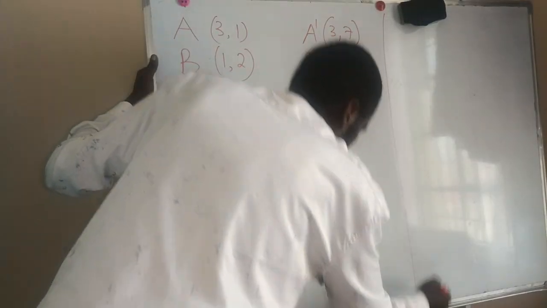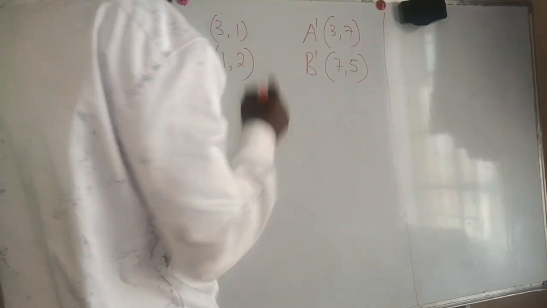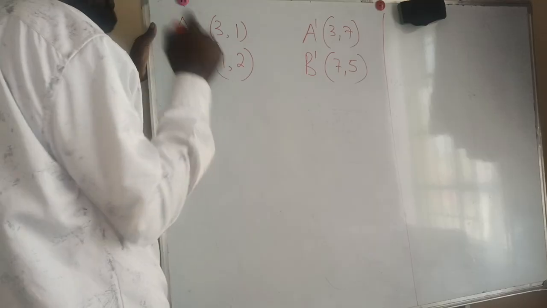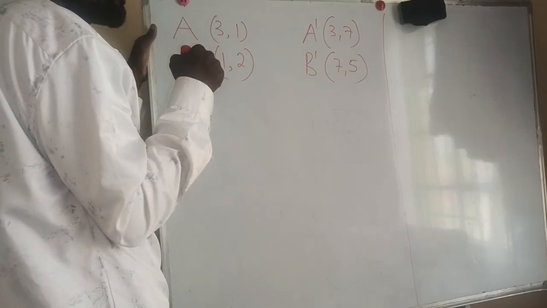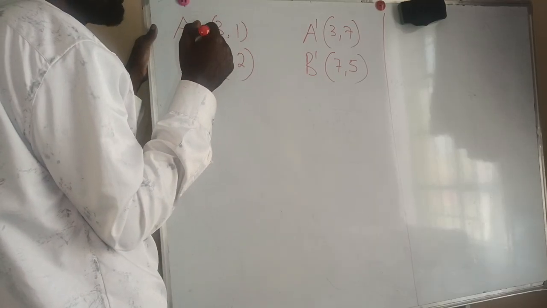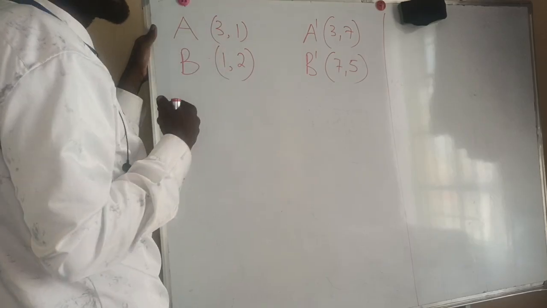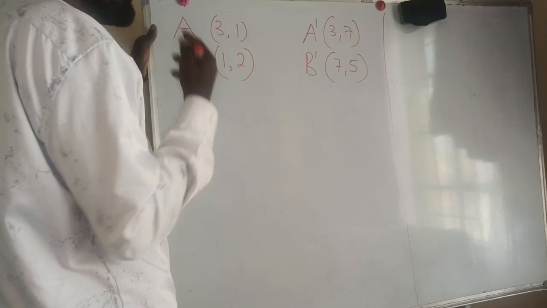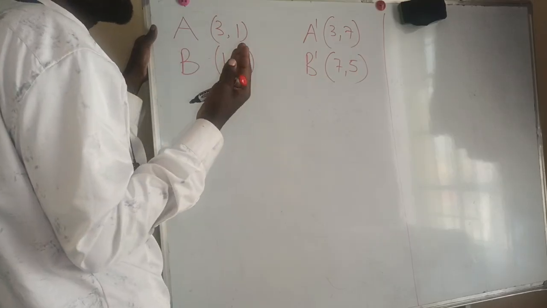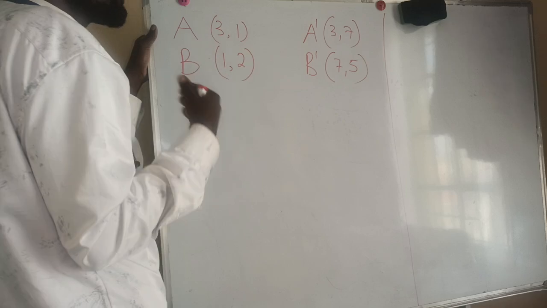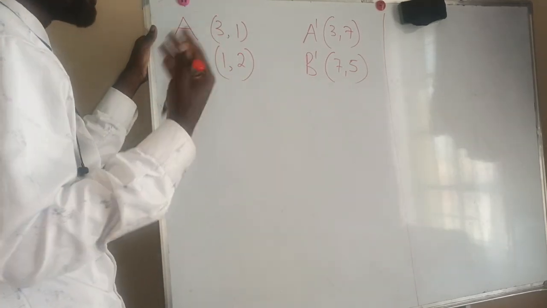The first thing that you're supposed to do is, if told to get the enlargement scale factor, then it is just the same as telling you to get how many times has that object been enlarged. You see? So an enlargement scale factor can be a particular value, a constant, that represents how many times a particular object has been enlarged to get the image.